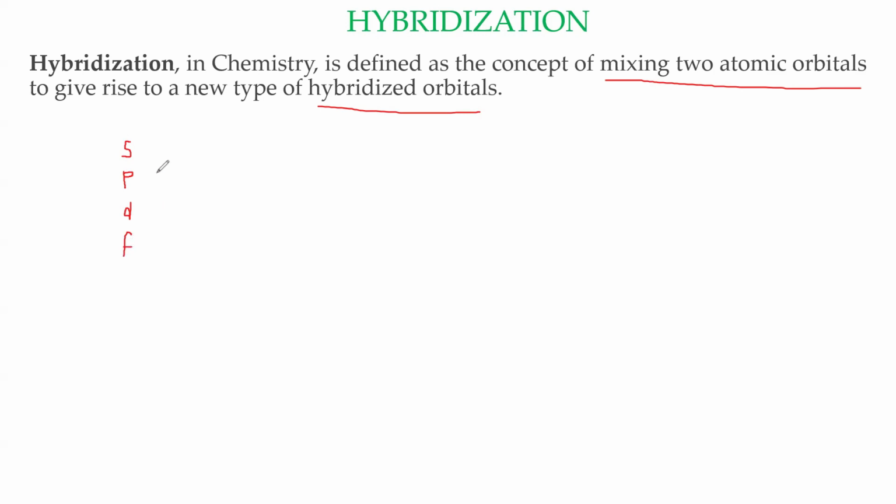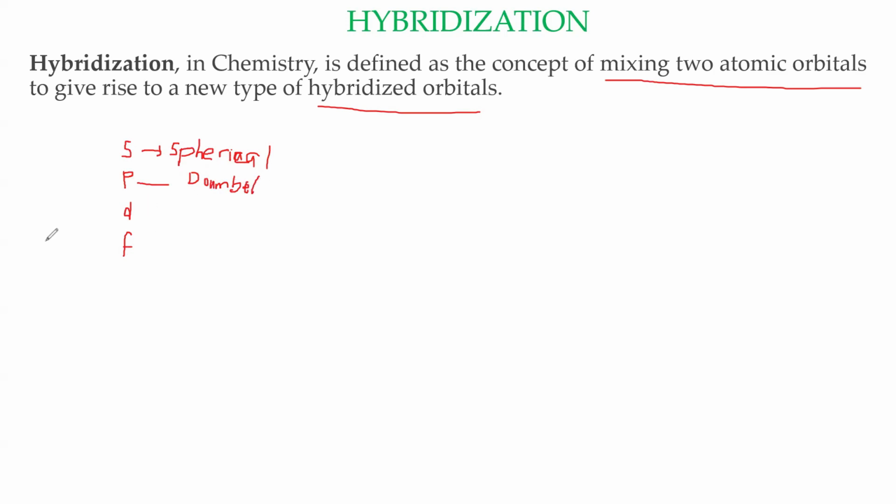These are the atomic orbitals, and of course the s orbital has a spherical shape. We have this as spherical in shape, and then we have p, which is dumbbell shaped.